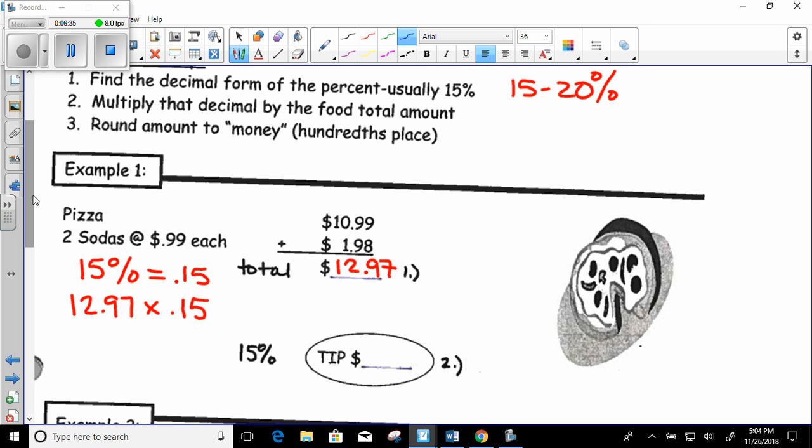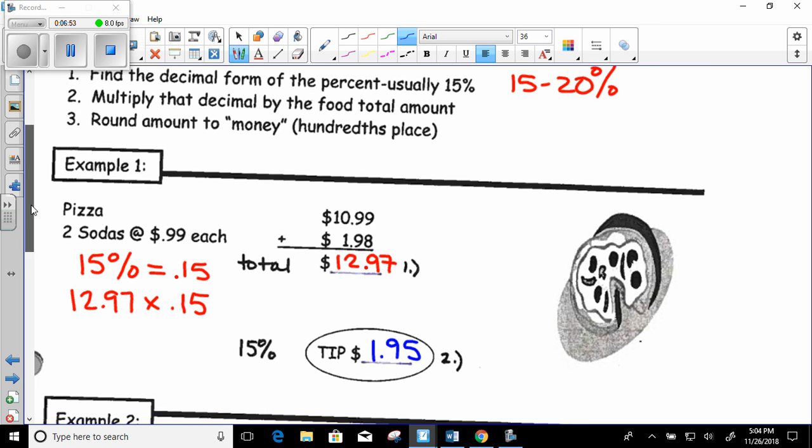So if you are at a restaurant like Primo's or something, you want to leave a 15% tip, you're going to leave $1.95. Now that is exactly 15%. Some people will round it to $2 to make it a lot easier, but 15% is $1.95.